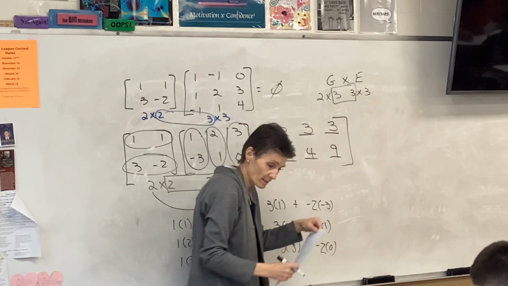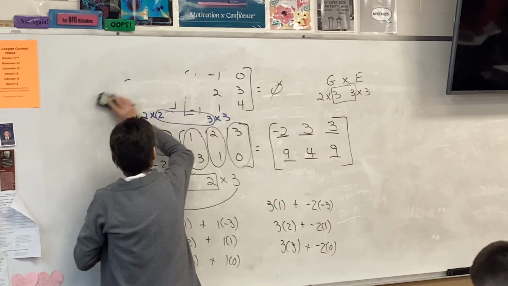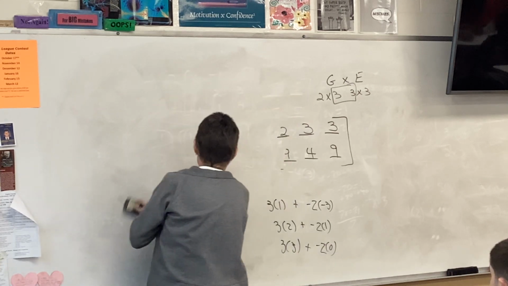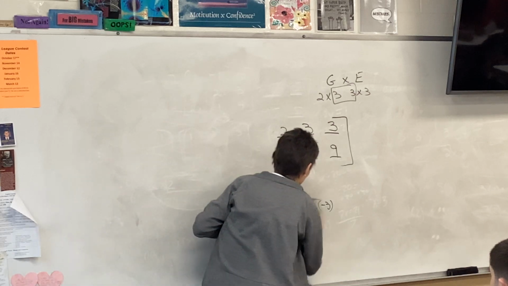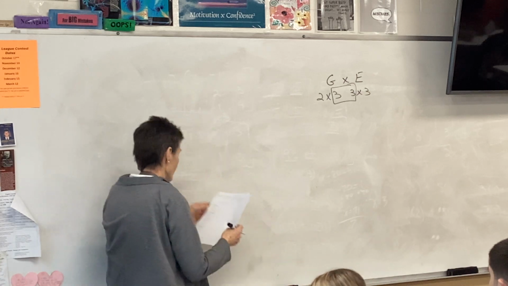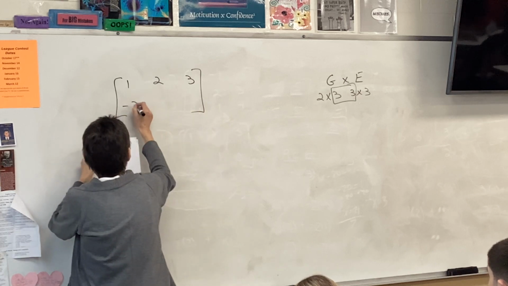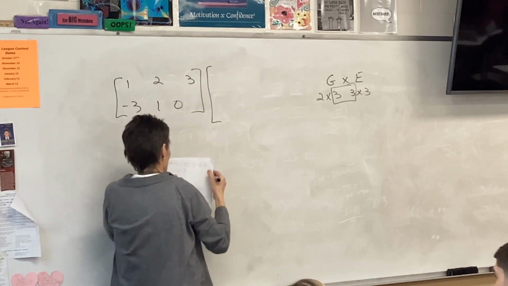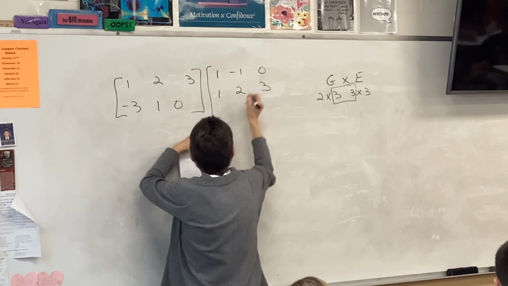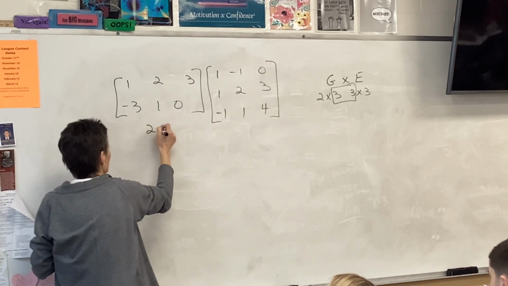Yep, so I'm gonna have to write it all out. Okay, so here we go. We're multiplying G times E. Okay, so we decided we can multiply.